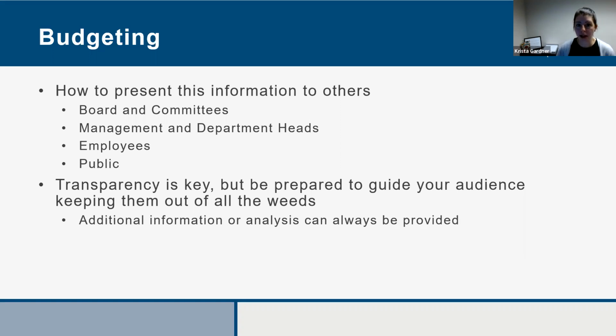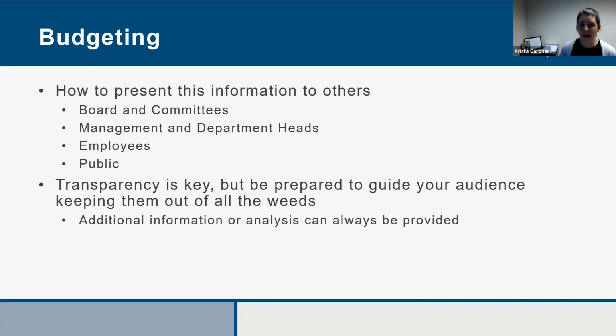Transparency is always key when it comes to the budget, especially in a governmental entity. We don't ever want to be at a public meeting, have a resident show up and say we're not sharing any kind of information. It is public information, obviously. But the key I can say here is being prepared to guide your audience through that story, keeping them out of the weeds.